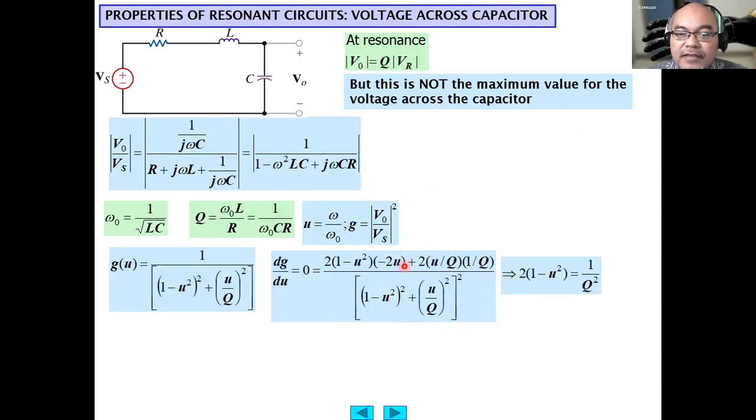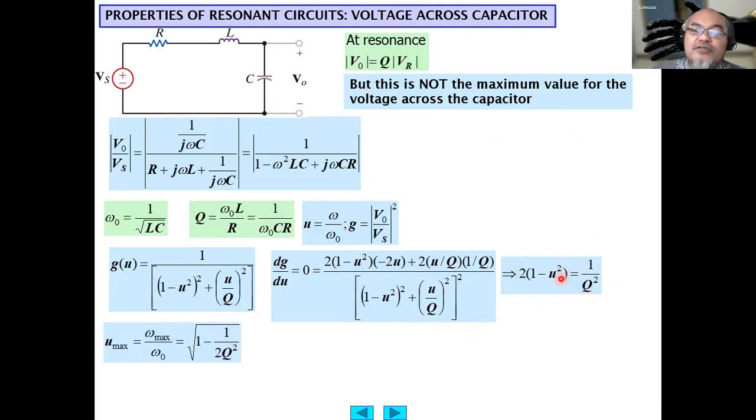So when this equals 0, we know that the upper part should be equal to 0, which means that 2 times (1 minus U squared) equals 1 over Q squared.